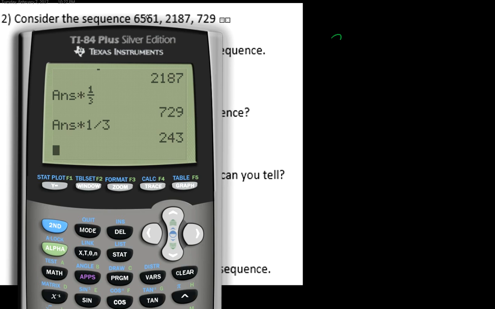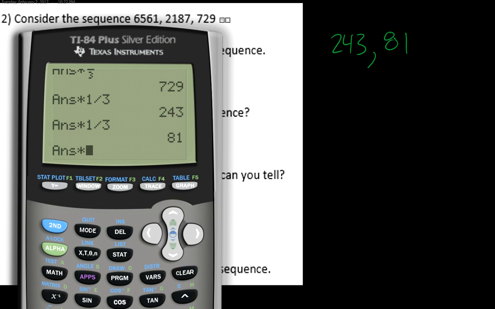The next term after that, I multiply by 1 divided by 3, and I get 81. Then times 1 divided by 3 gives me 27. Oh, wait a minute, it's dividing by 3 too, isn't it? And the last one there is 9.